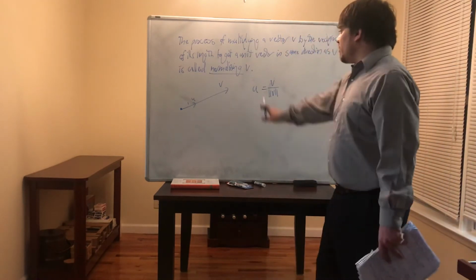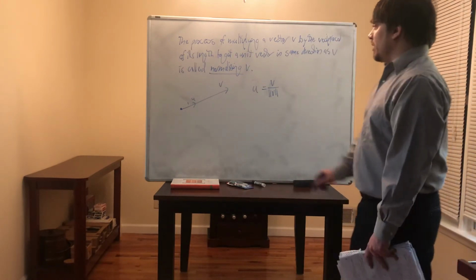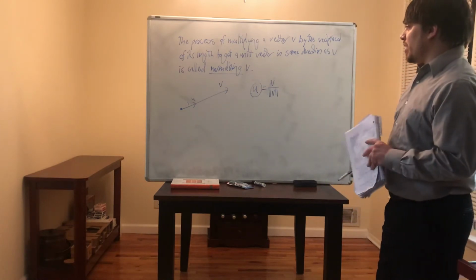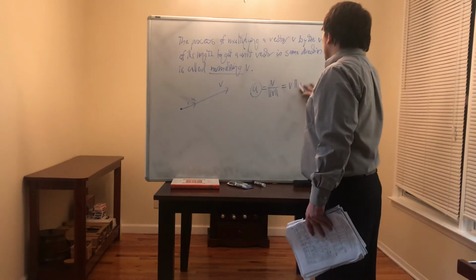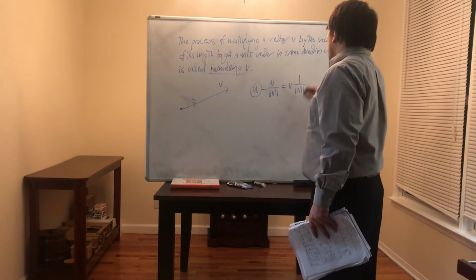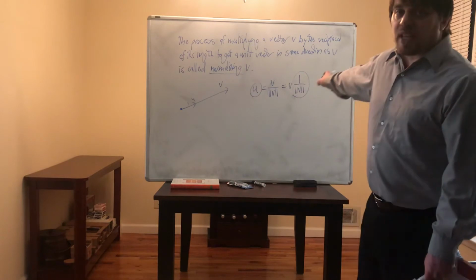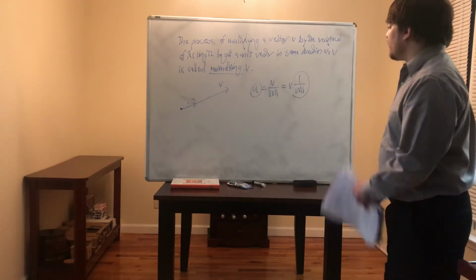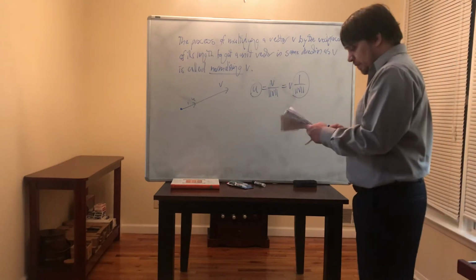So finding this vector u, which is in the same direction as v with length 1, is called normalizing v. U is equal to v divided by the length of v. That's the same as saying taking v and multiplying it by the reciprocal of its length, right? The reciprocal of its length is 1 over the norm of v. So v times the reciprocal of its length is v times 1 over the norm of v, or v divided by the norm of v.